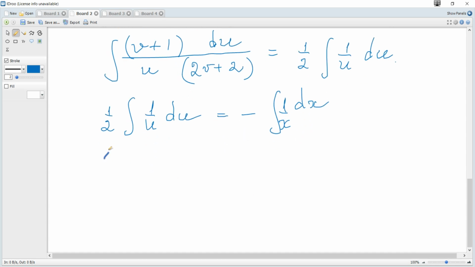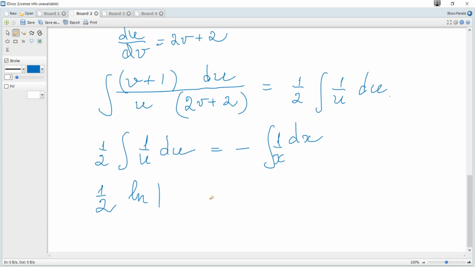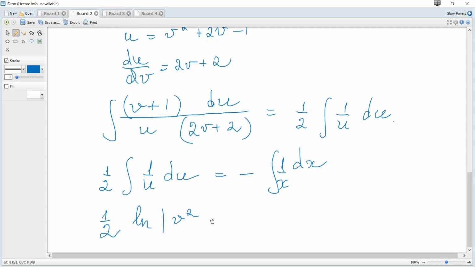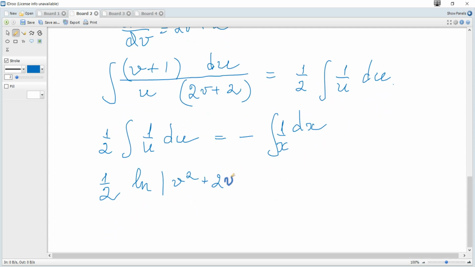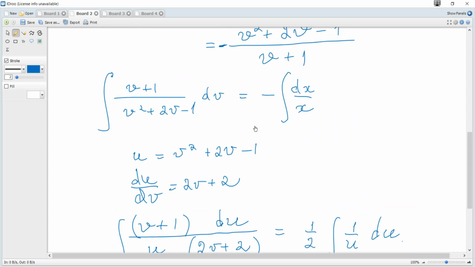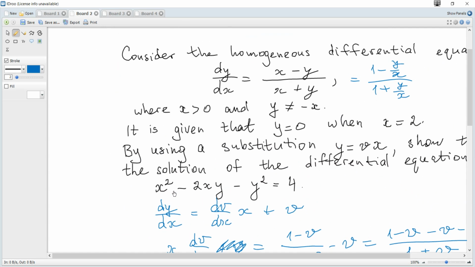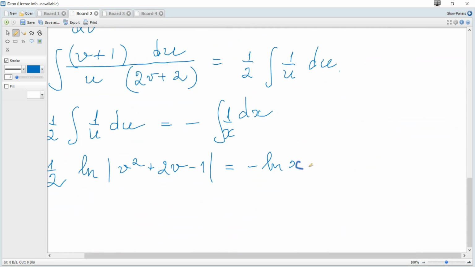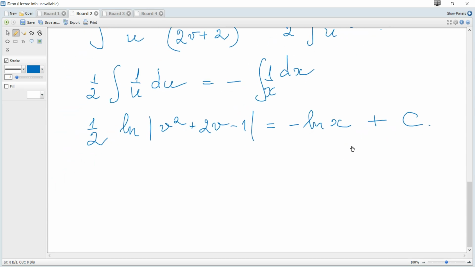And hence it's what? A half ln, in general of the absolute value of v squared plus 2v minus 1 is minus ln of the absolute value of x, but here it is given that x is positive, so we can write just x directly, and plus some constant.